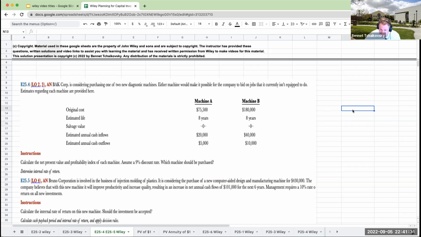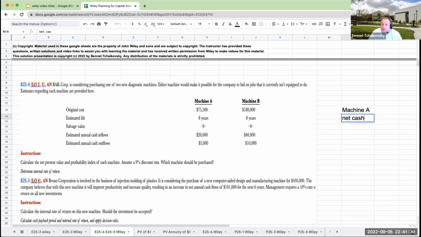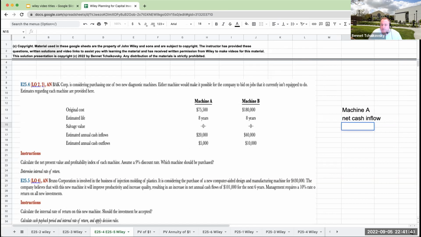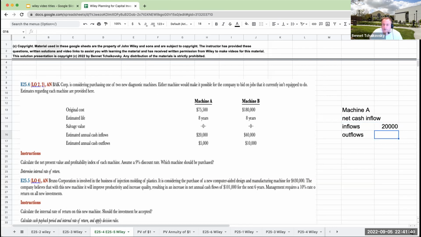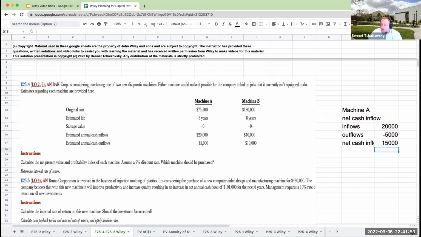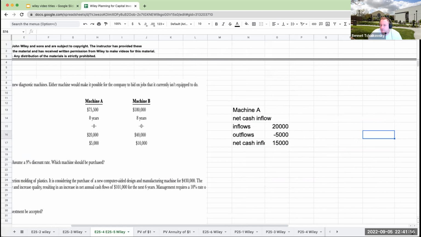Estimated cash inflows are 20,000 and outflows are 5,000. So for machine A, my net cash inflow is going to be 15,000.